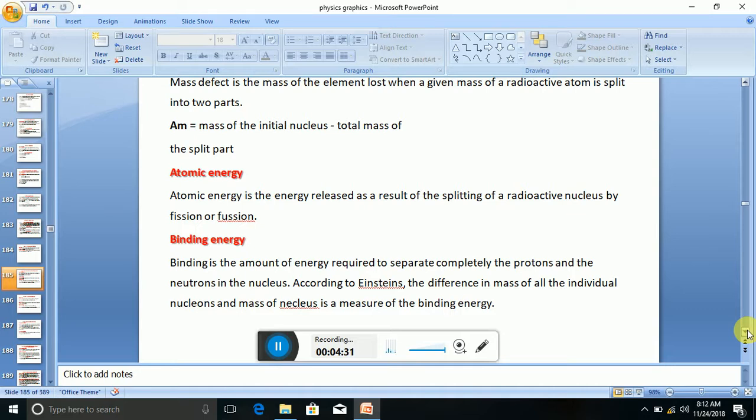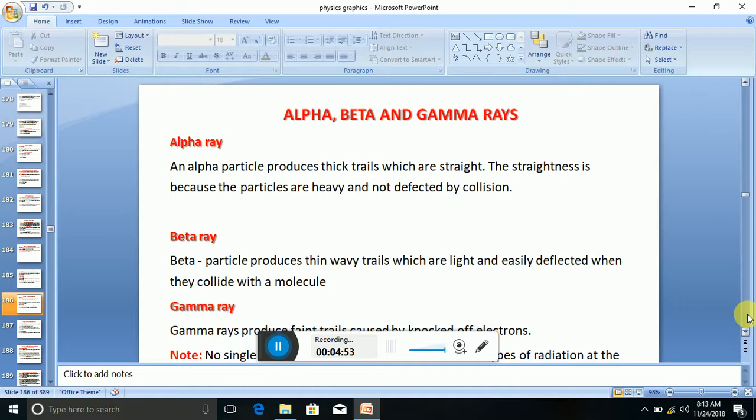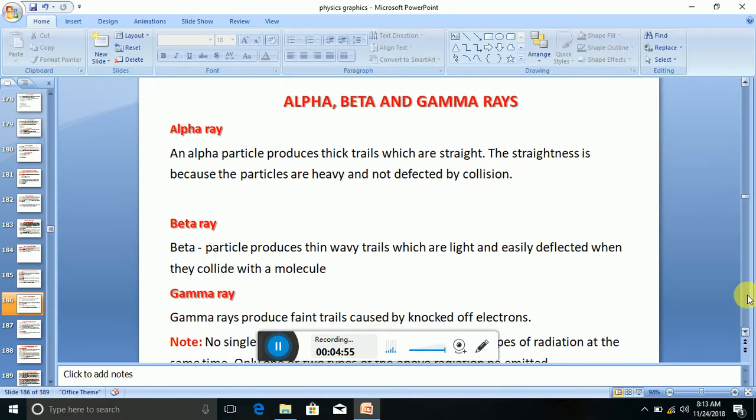So that energy required to separate the protons from the neutrons in the nucleus is known as binding energy. According to Einstein, the difference in mass of all the individual nucleons and mass of nucleus is a measure of the binding energy.